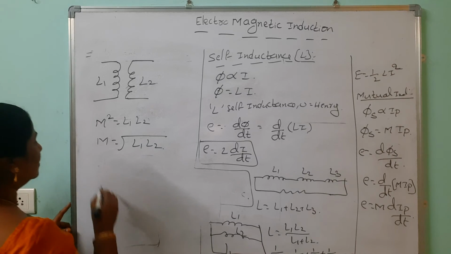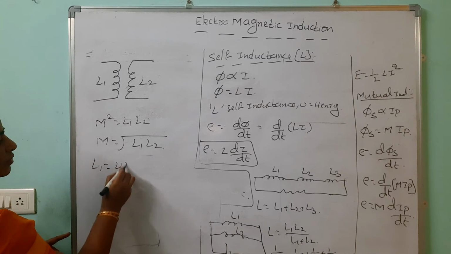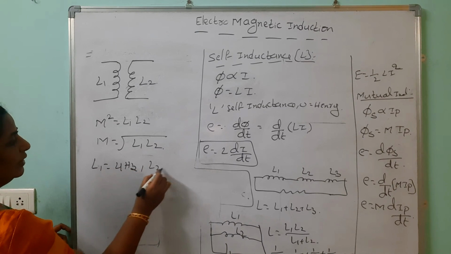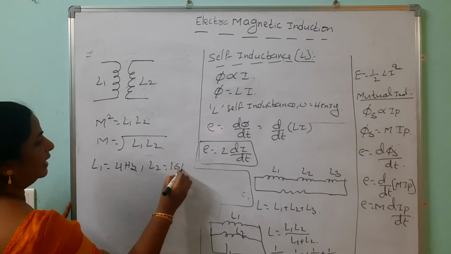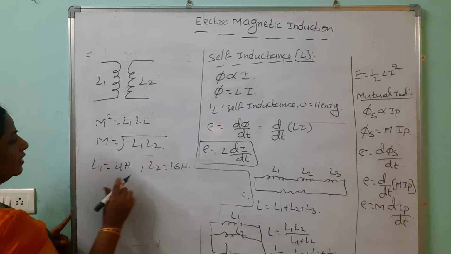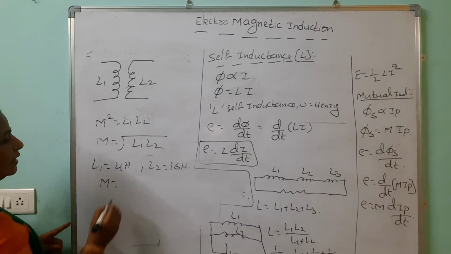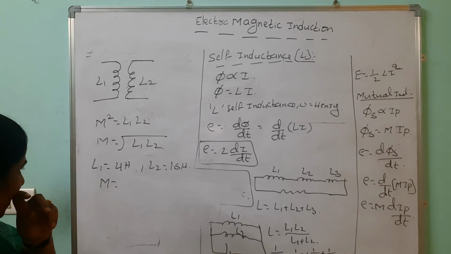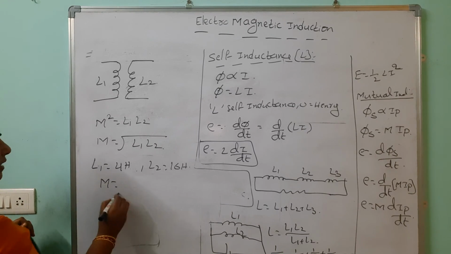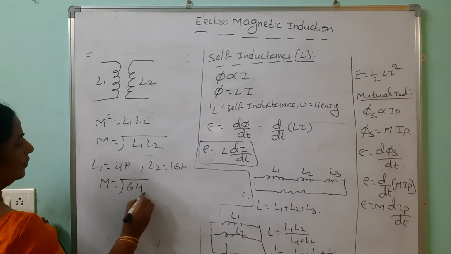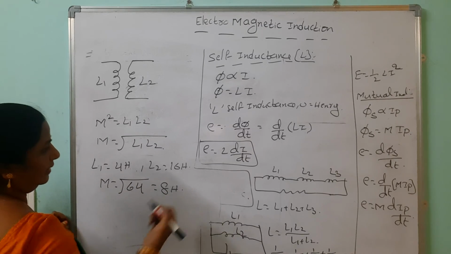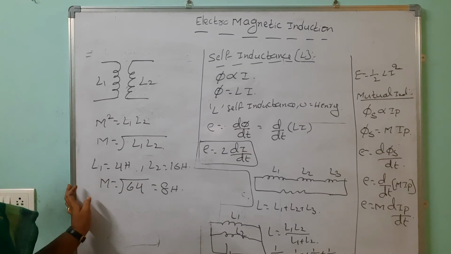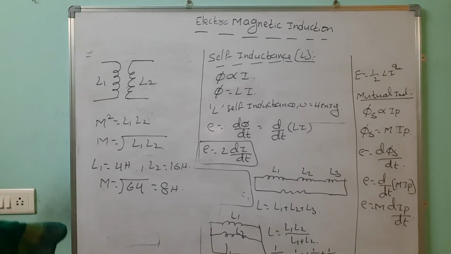Directly we can use it. Suppose L1 equals 4 Henry and L2 equals 16 Henry. Then how do we find the mutual inductance? Remember that mutual inductance has the same unit, Henry. So under root 64, we can write 8 Henry. Like that we can find the mutual inductance of the coil.